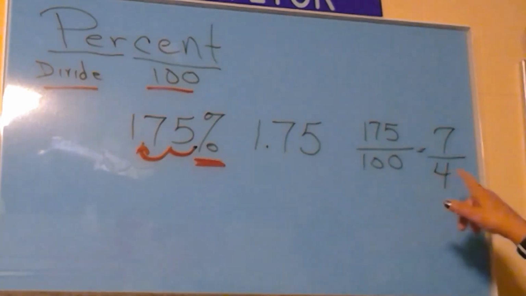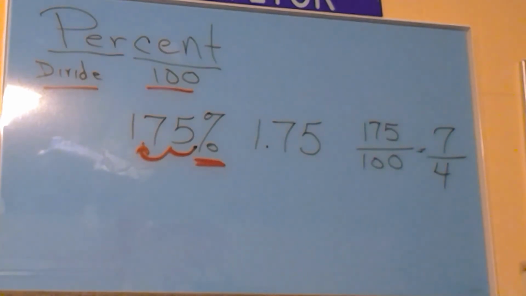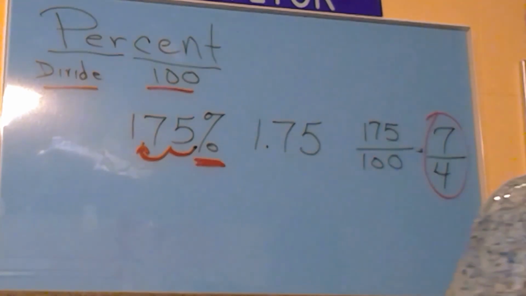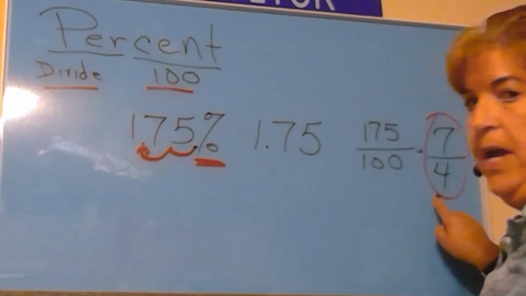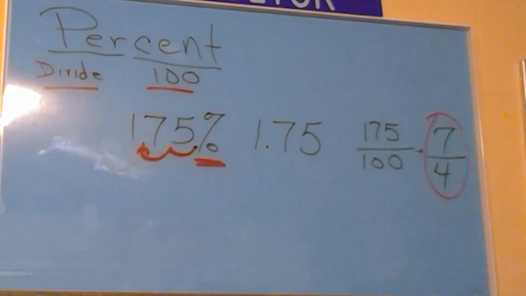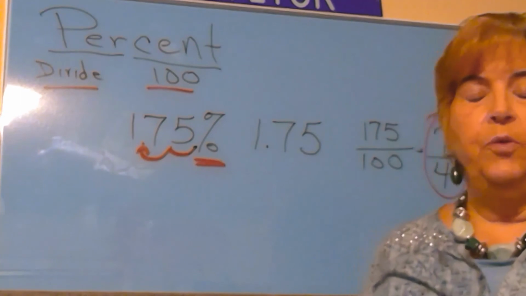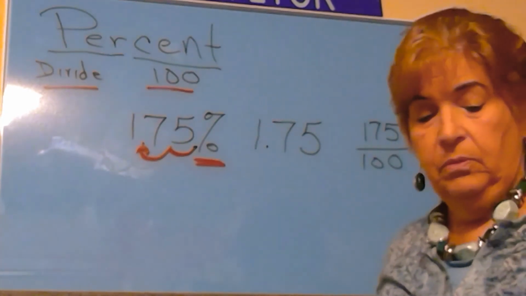Now, you might look at 7/4 and say, but that's not simplified because the numerator is bigger than the denominator. Simplified means that there are no numbers that you can divide out. There are no numbers that can be divided out. That is a simplified fraction. It's an improper fraction. And you might want to change it to a mixed number, but you don't have to.